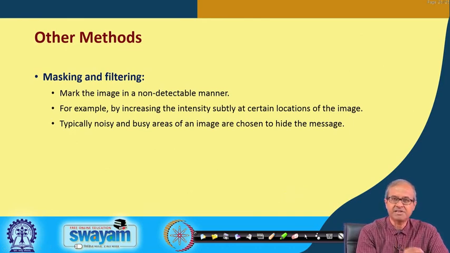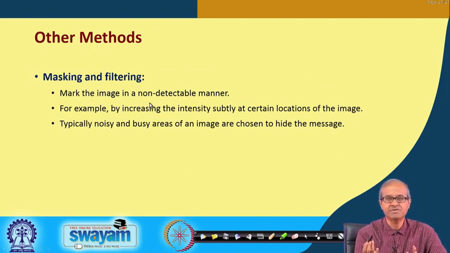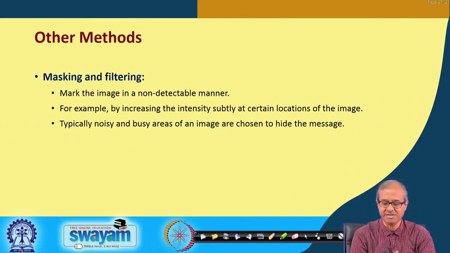Well, there are some other methods also, masking and filtering, where you can mark the image in a way that is very difficult to detect. You do not modify all the pixels in the image, rather only at certain locations you change the intensity a little bit.